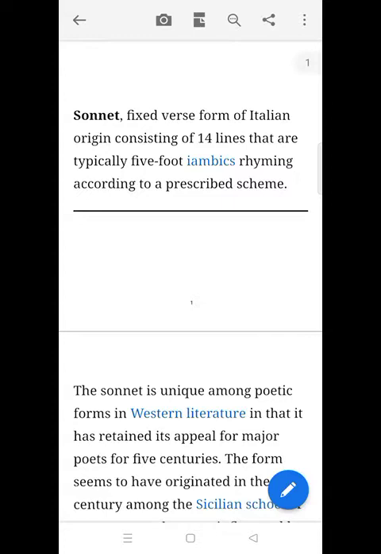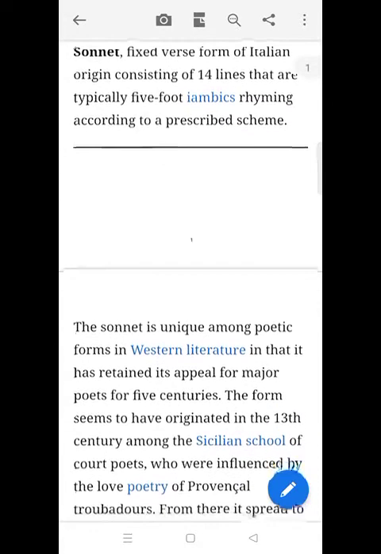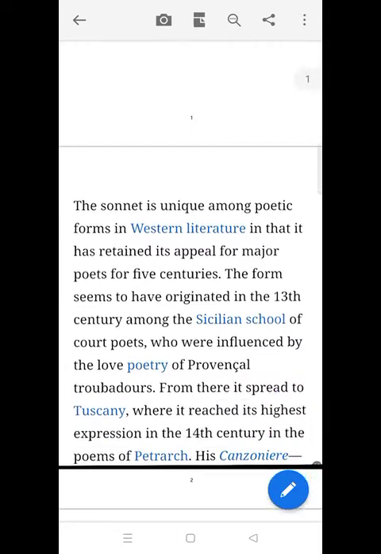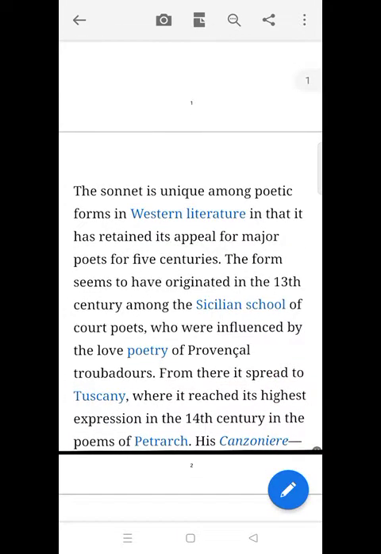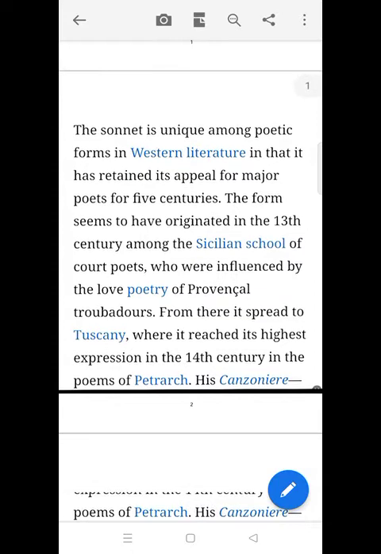In English, it is written in a complicated rhyme scheme, and the sonnet is unique among poetic forms in Western literature in that it has retained its appeal for major poets for 5 centuries. The form seems to have originated in the 13th century among the Sicilian school of court poets who were influenced by the love poetry of provincial troubadours.